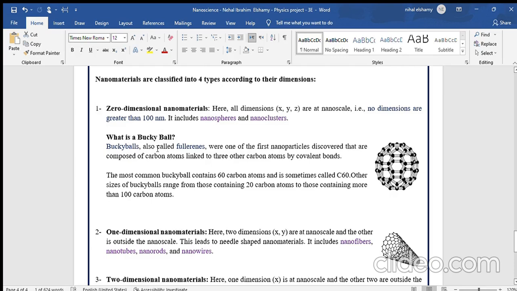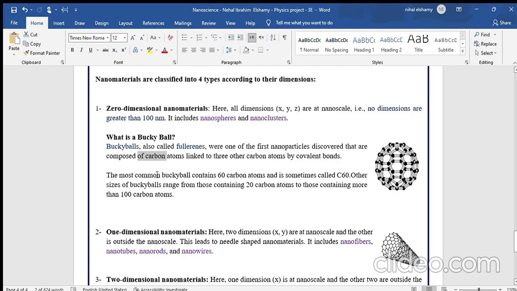Buckyballs, also called fullerenes, were one of the first nanoparticles discovered that are composed of carbon atoms. This is a buckyball. Each carbon atom is linked to three other carbon atoms by covalent bonds. So what links one carbon atom to another in the buckyball is a covalent bond, and they are made of carbon atoms.